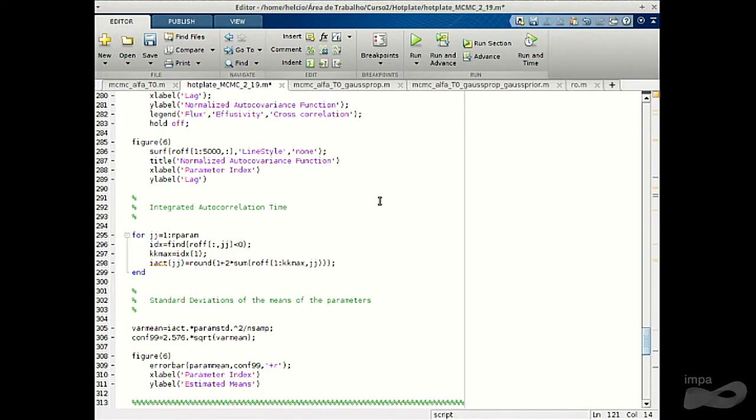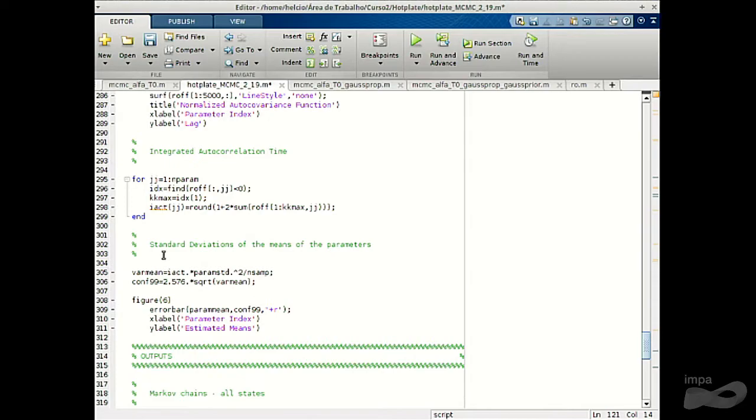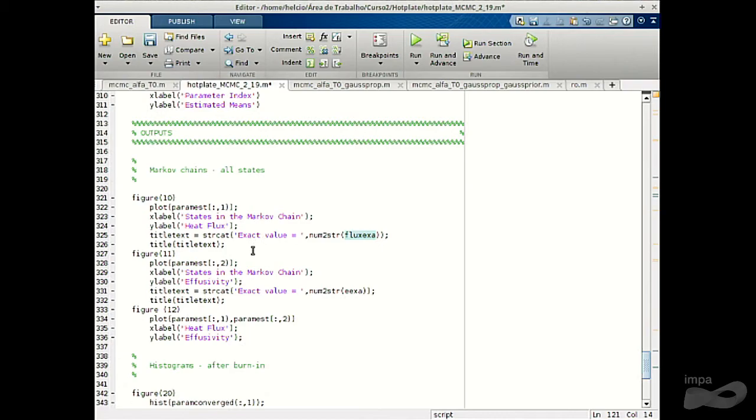When ρ is less than 0, then this will be my cutting point, the limit of my summation to compute tau. And then I can compute, you see here, the variance of the mean: it is the integrated autocorrelation time multiplied by the variance of the samples and divided by the number of samples.